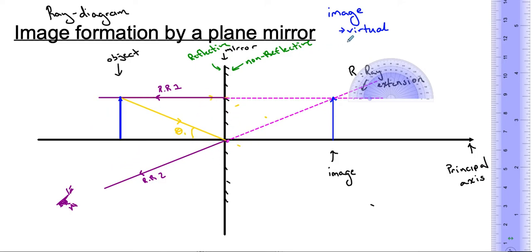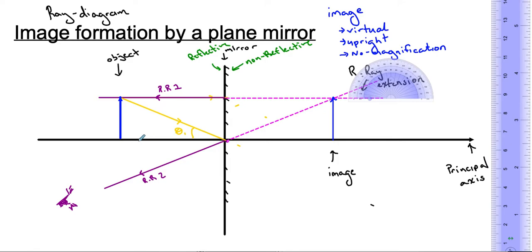The second thing is it's upright. It's standing straight up just like its object. And there's no magnification. It's not larger or smaller, it's the same size.